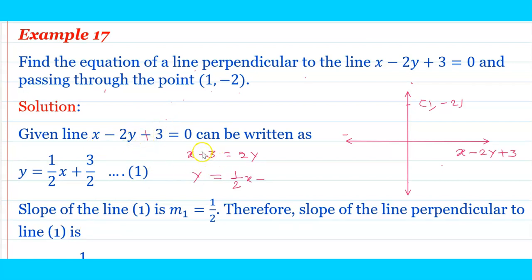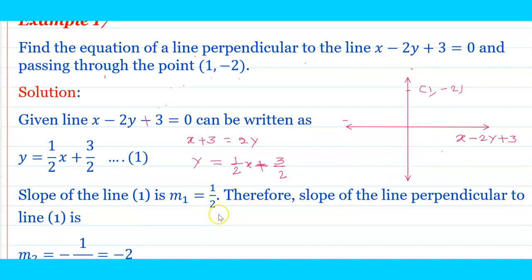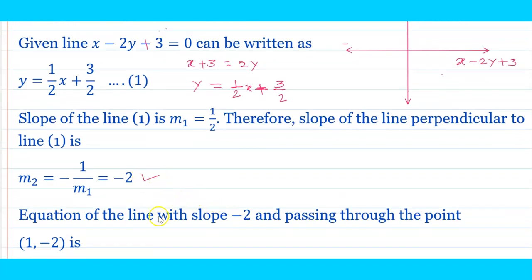Okay, here is a plus sign, therefore divide on both sides by 2. Then here you will get y is equals to 1 upon 2 x plus 3 by 2. Okay, the slope of the line is 1 upon 2. Therefore the slope of the line perpendicular to this line is minus and reciprocal, which is minus 2.